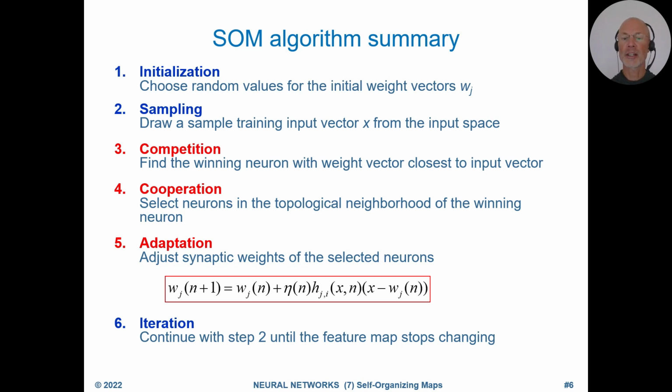This is the one which has weights closest to the input vector. Then we have cooperation, which selects neurons in the topological neighborhood of the winning neuron. And then adaptation, which adapts the synaptic weights of the winning neuron and also its neighbors. We iterate these three steps until the feature map converges to some final solution.